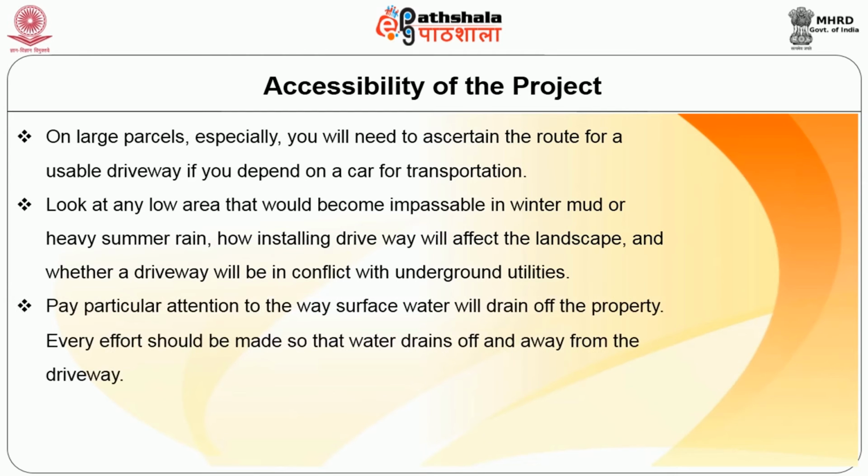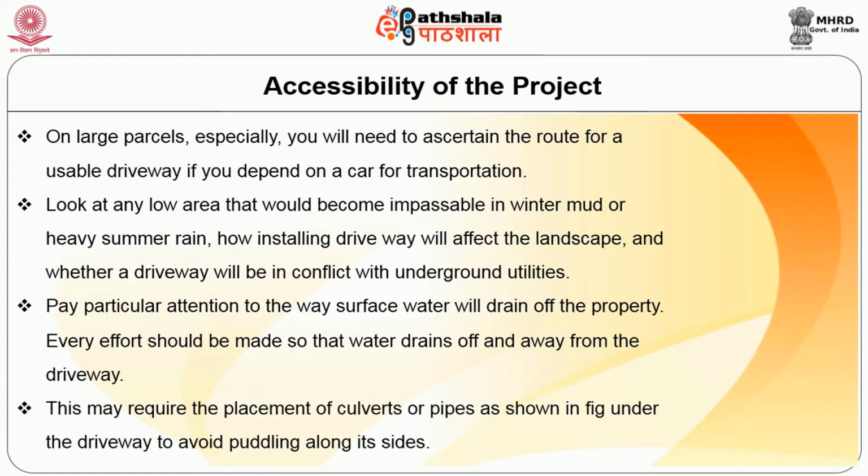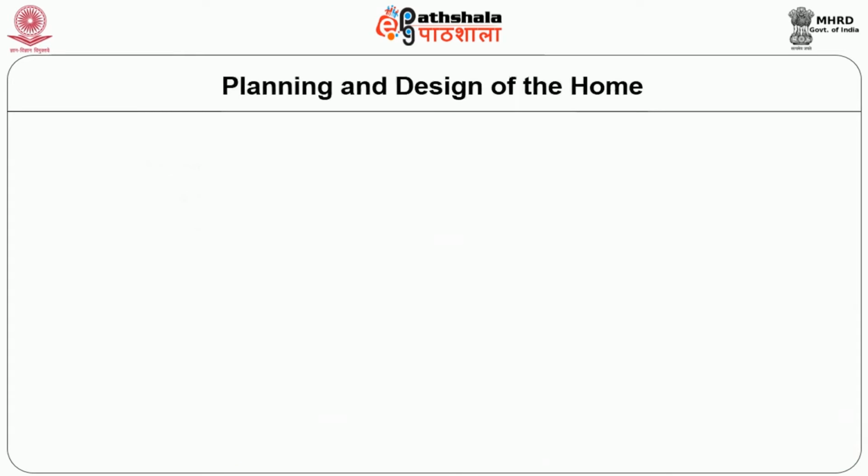Pay particular attention to the way surface water will drain off the property, and every effort should be made so that the water drains off and away from the driveway. This may require the placement of culverts or pipes under the driveway to avoid puddling along the sides. Planning and designing your own home.